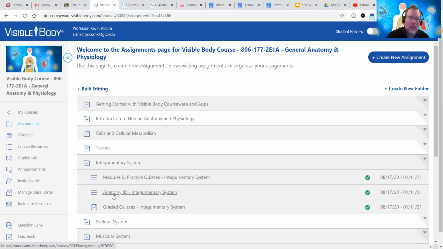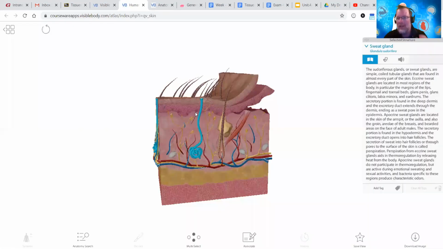That's going to come up a lot. And what that does is it opens up the Human Anatomy Atlas 2020 app. So this is really just getting your feet wet with the Human Anatomy app, not the Anatomy and Physiology one, but the Human Anatomy one.